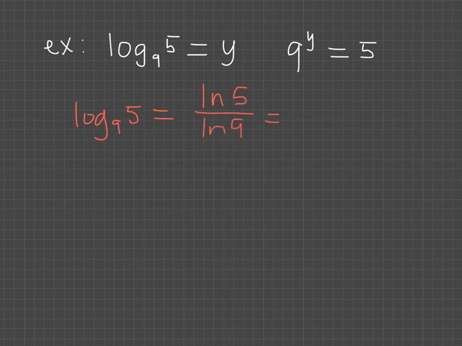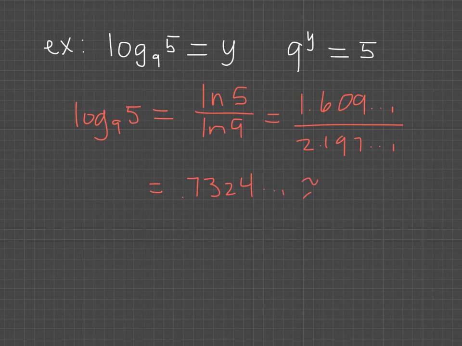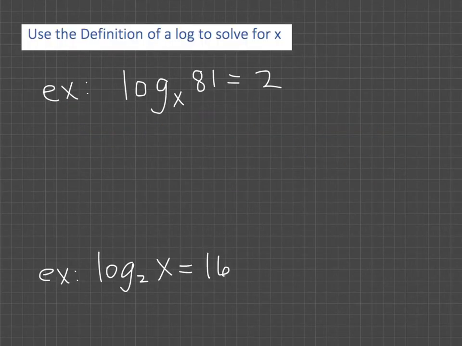Natural log of 5, if we plug that into the calculator, we get 1.609 over natural log 9, which is 2.197. And doing that division, we end up with 0.7324, and rounding to 3 decimal places, we get 0.732.